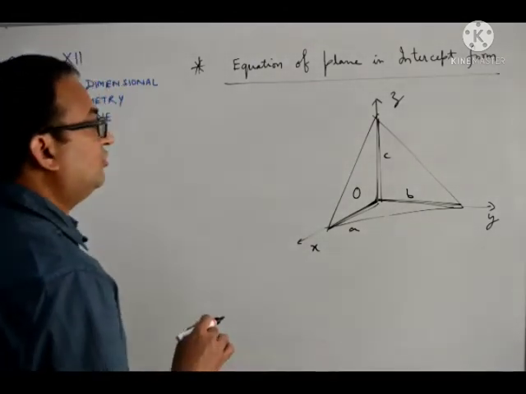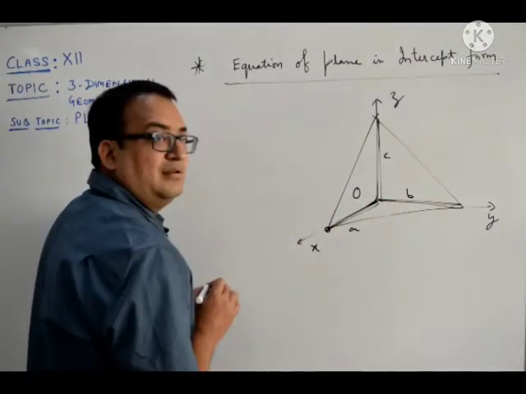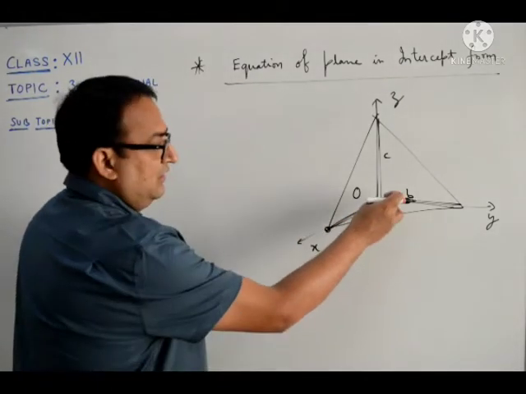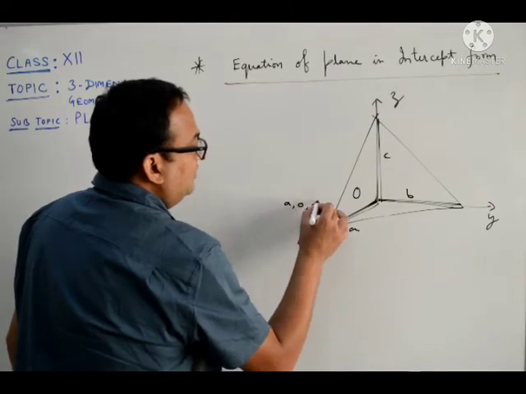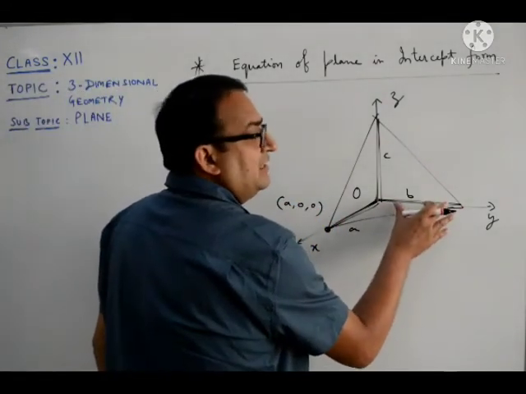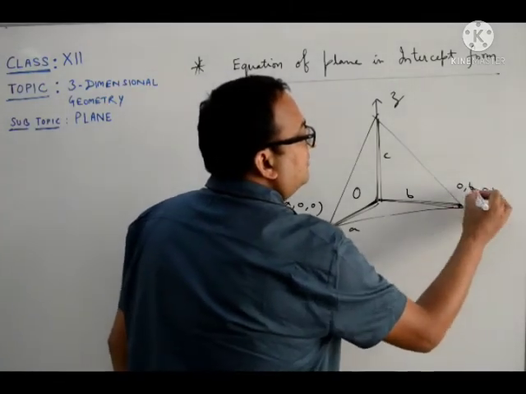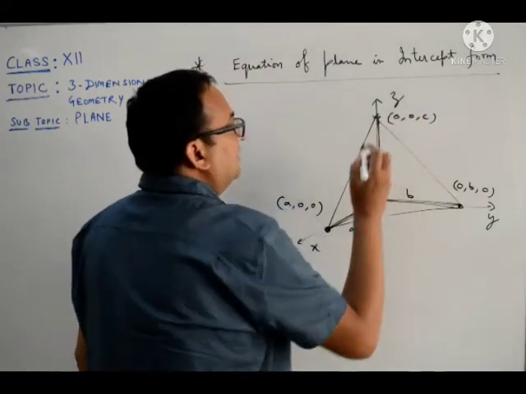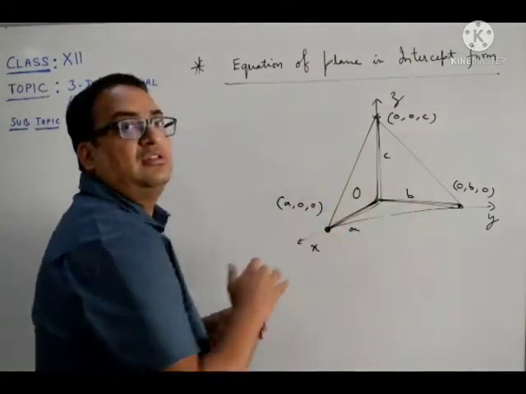If the x-intercept is given, we actually know this point, right? Since it is a distance a away from the origin, the coordinates of this point are going to be a, 0, 0. This distance is b and this point is on the y-axis, so this point is 0, b, 0, and similarly this point will be 0, 0, c. So actually we now know 3 non-collinear points on this plane.